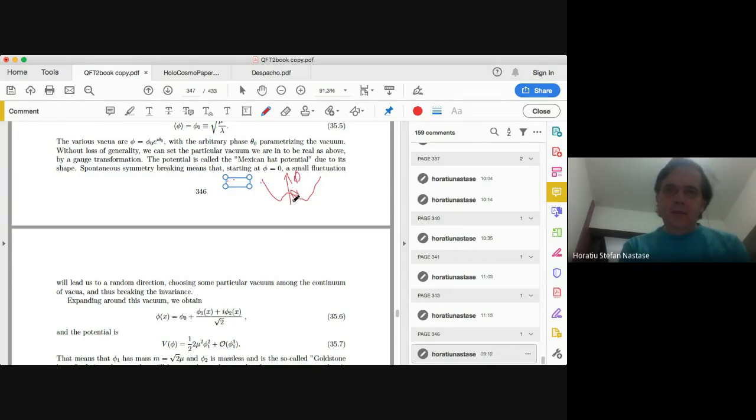Remember, I'm representing a complex plane like this. So in any direction you can go. Sorry, I mean V, and here this is the complex plane for phi.